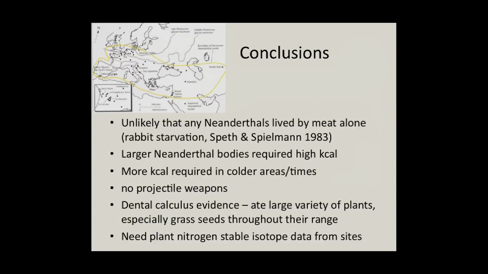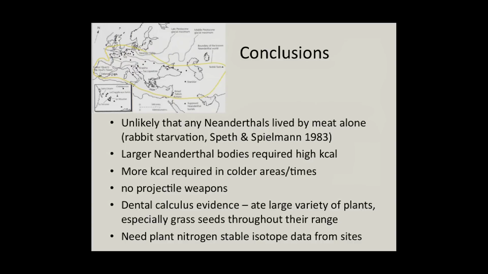So where are we? What I'd like to say is I think what Alison and I have put together is that it is quite unlikely that any Neanderthals lived by meat alone, and part of that is based on the rabbit starvation that Speth and Spielman put together in 1983. The other thing is that those big Neanderthal bodies would have required more kilograms than you could extract that way, but which you can easily extract from a plant, especially if you're cooking it.